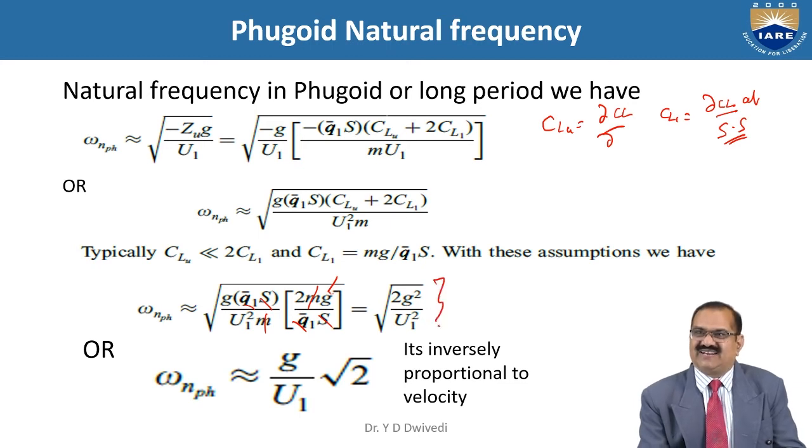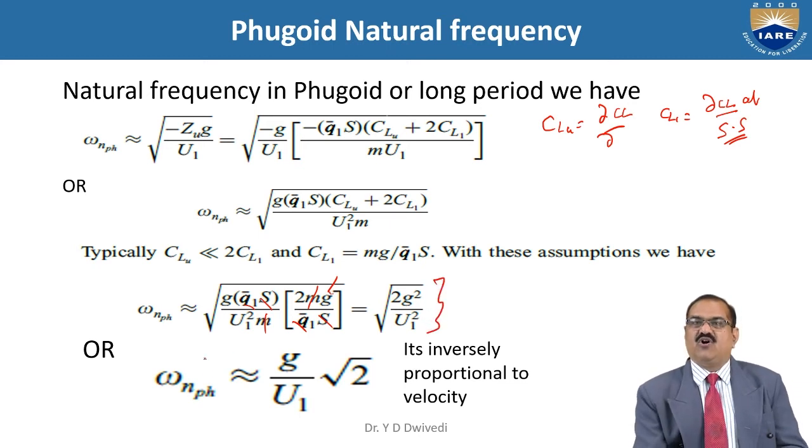Very interesting: in the phugoid mode, omega n is equal to g by U1 times the square root of 2.